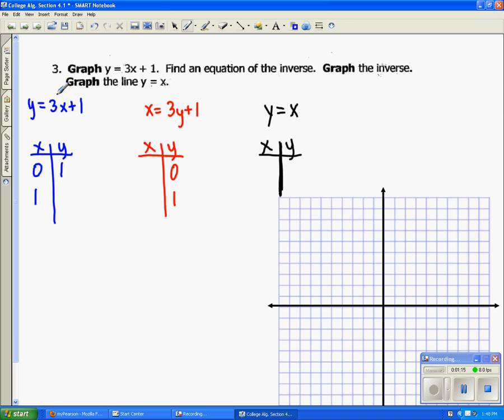Now I'm going to replace x with 1. 3 times 1 is 3, plus 1 is 4. I'm going to graph those 2 points: 0, 1, and the point 1, 4. And then I'm going to graph a line through that.